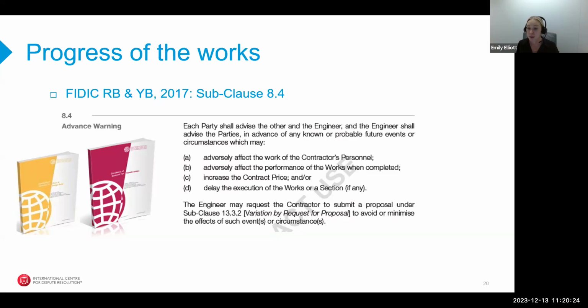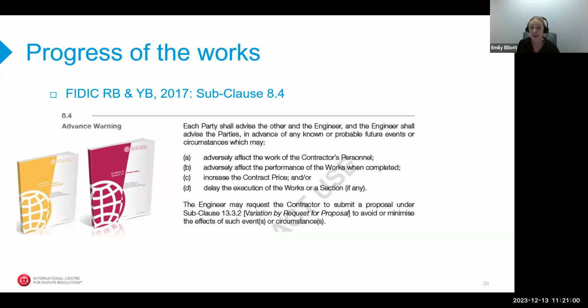So subclause 8.4 now provides for an advance warning mechanism, which requires each party to advise the other in advance of any known or probable future events, which may A, adversely affect the work of the contractor's personnel, B, adversely affect the performance of the works when completed, C, increase the contract price, and or D, delay the execution of the work or a section. So this is a really effective tool in minimizing and mitigating claims and disputes, as mitigation and acceleration measures can be put into place to minimize the impact of any such events.